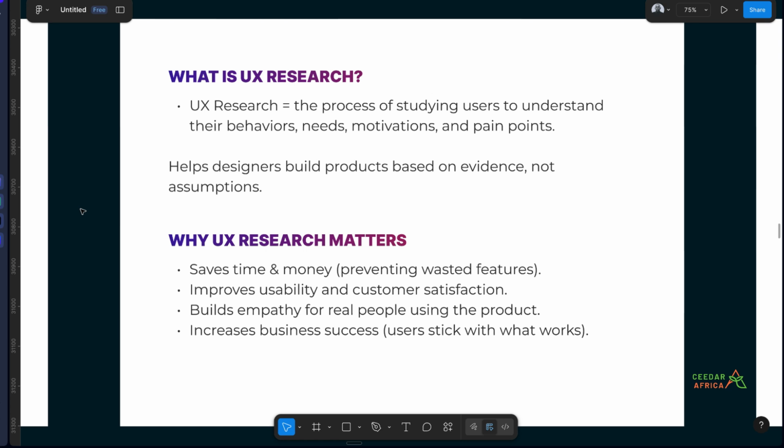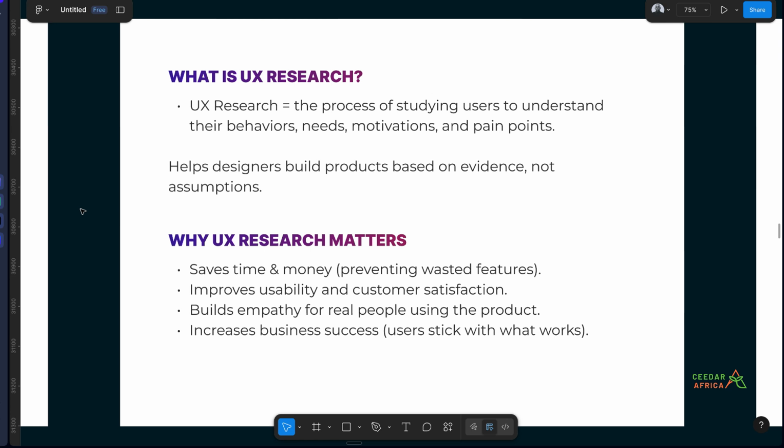It is tailor-made, customized for them. And number three, UX research helps you build empathy for real people using the product. Why? Because in the course of your design, you understand exactly who the users are or who the users would be.